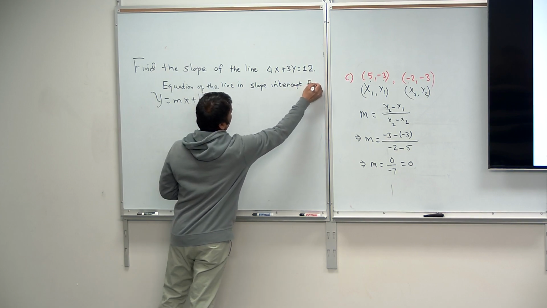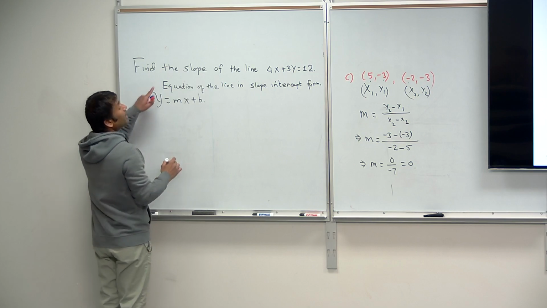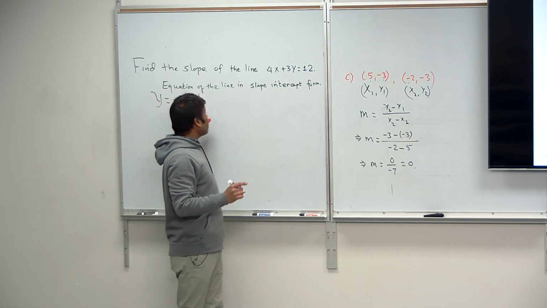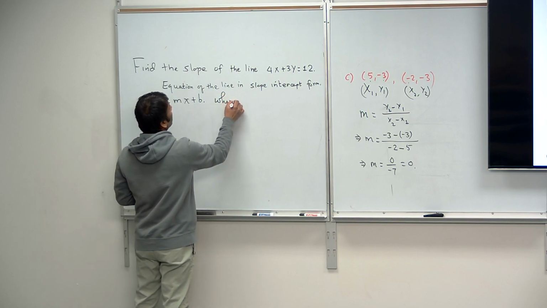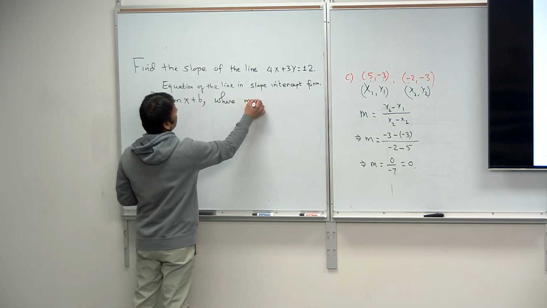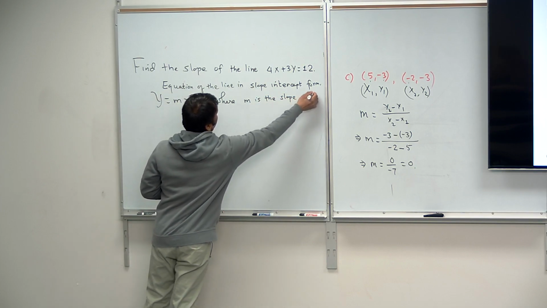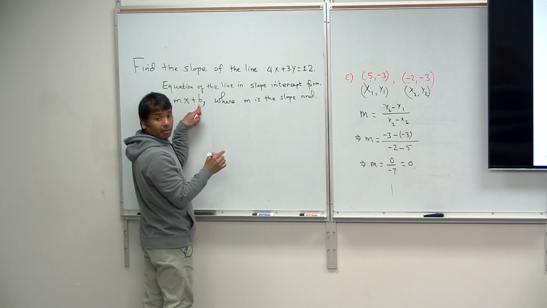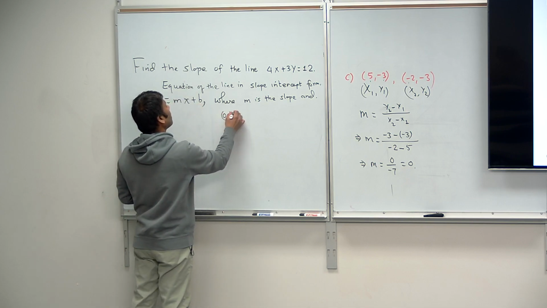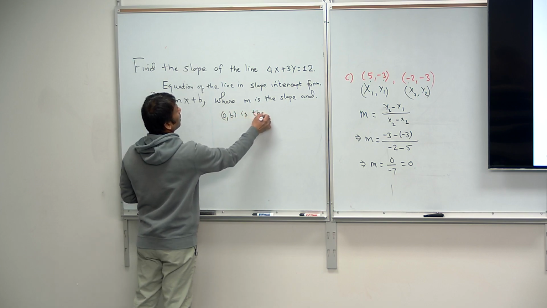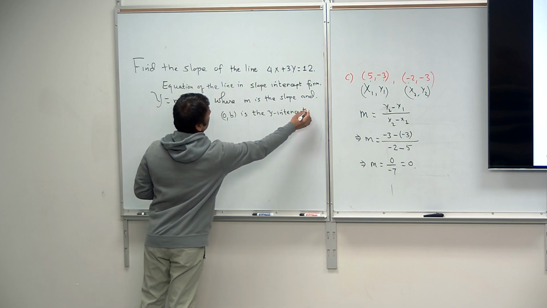Now let's reduce this into this form. This m is the slope, and the point (0, b) is the y-intercept.